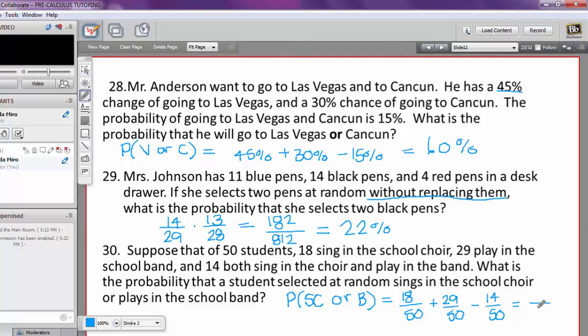And since they all have a common denominator, that makes it nice. We just write the denominator again and work with the top. So I'm going to say 18 plus 29 minus 14. That gives me 33 out of 50. Or if I write that as a percentage, 33 divided by 50 gives me about 66%.